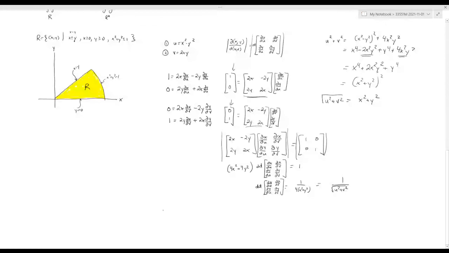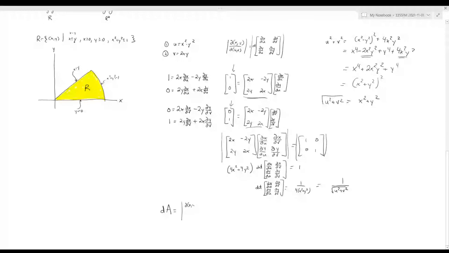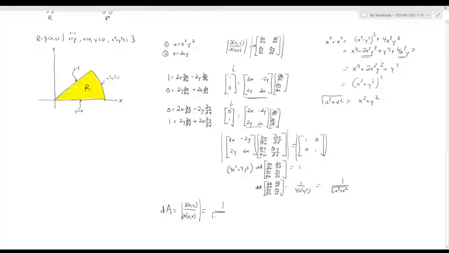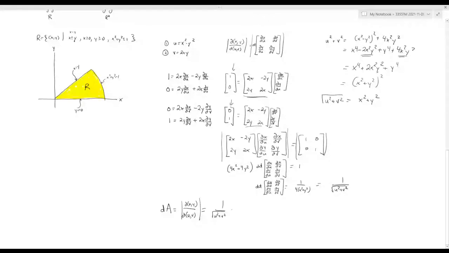Meaning that in our change of variable, the differential area element in the new coordinate system, the UV plane, dA would be the absolute value of the determinant times dU dV.